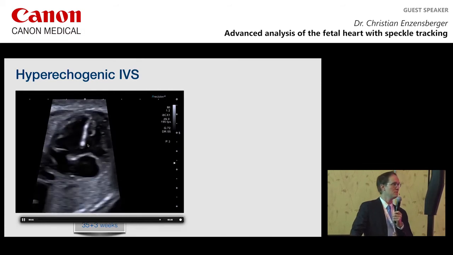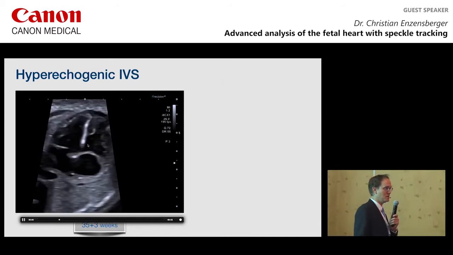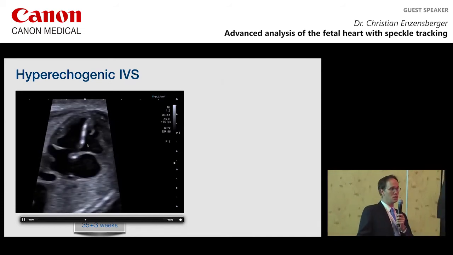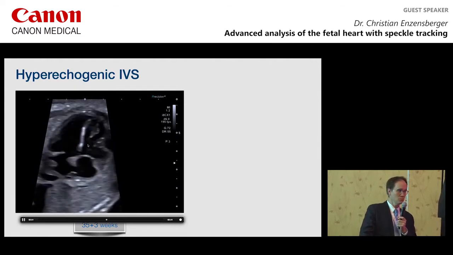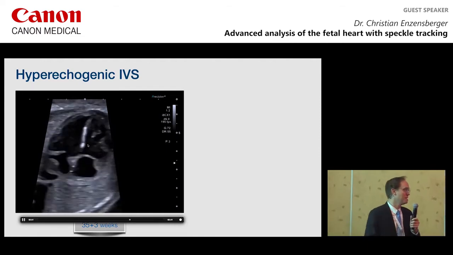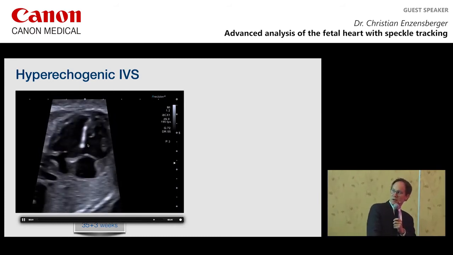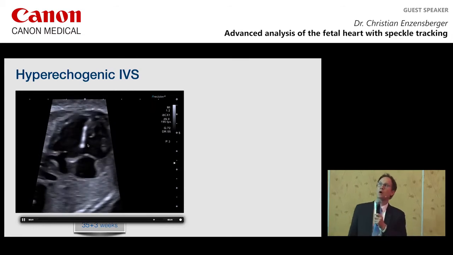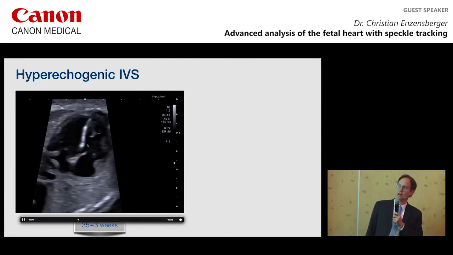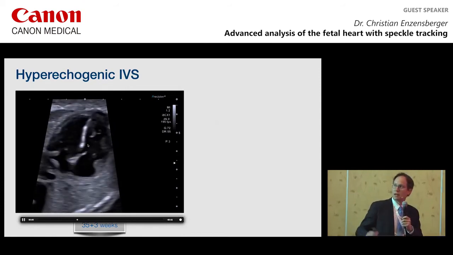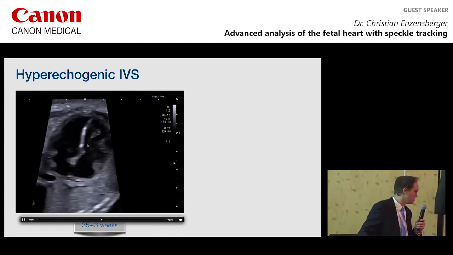Patient upset. So we got our pediatric cardiologist. He said, I don't know what it is. Patient still upset. So we said, okay, we have got this tool. Obviously, it looks like an endocardial fibroelastosis.